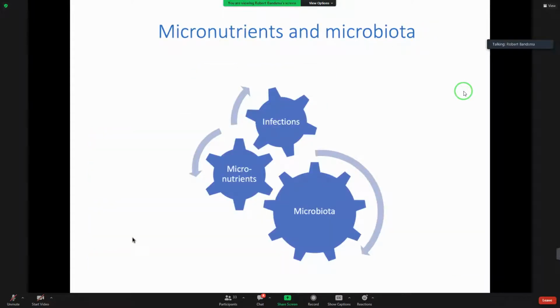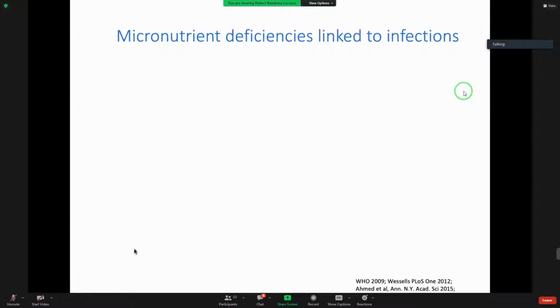Okay, I hope I have convinced you that there's clear evidence that, one, nutrition can affect the microbiome, and two, that changes in the microbiome can affect growth. However, I think it's also important to briefly talk about micronutrients in this relationship between microbiome, growth, and nutrition.